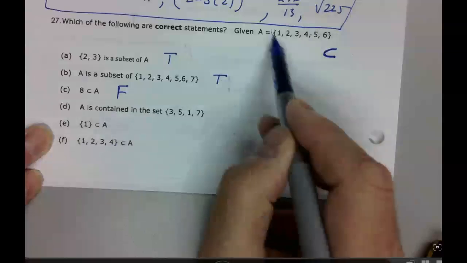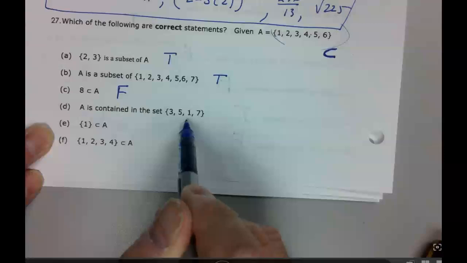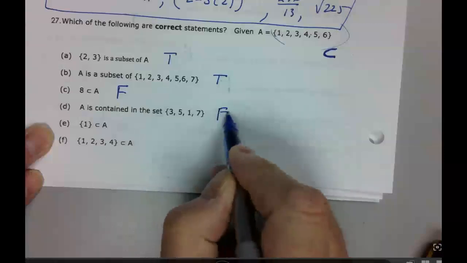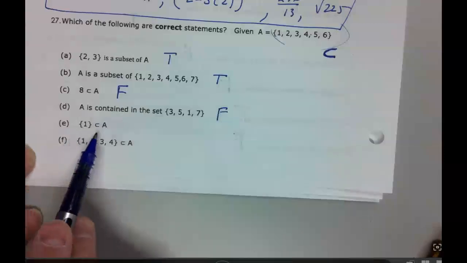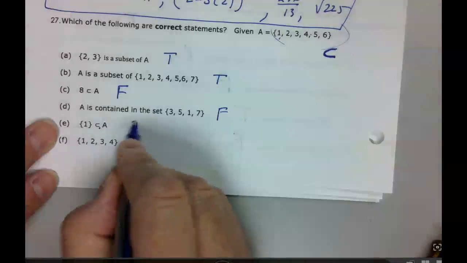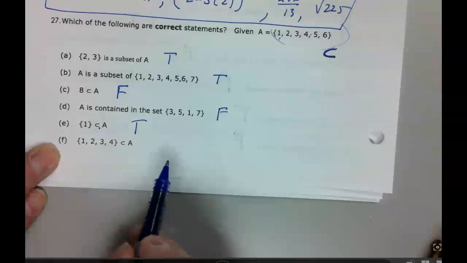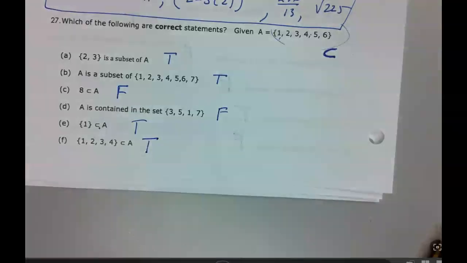I mean, is every one of those in that set there? Some of them are, but not all of them, right? Correct? False. Is 1 a subset of A? Yes, because 1 is in A. That's true. Is {1, 2, 3, 4} a subset of A? Yes, true.